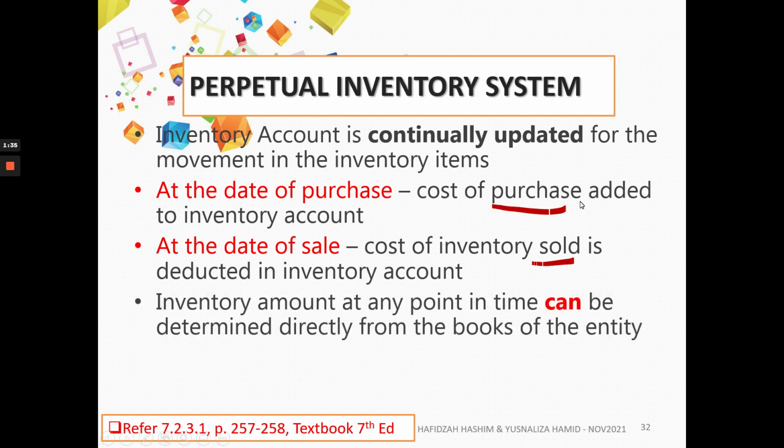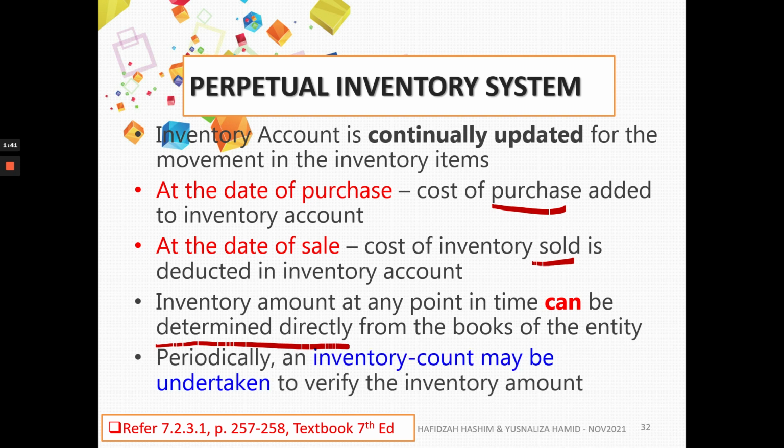The inventory amount at any point in time can be determined directly from the books of the entity, either manually or sometimes using some kind of computerized accounting system. Inventory count may be undertaken to verify the inventory amount.